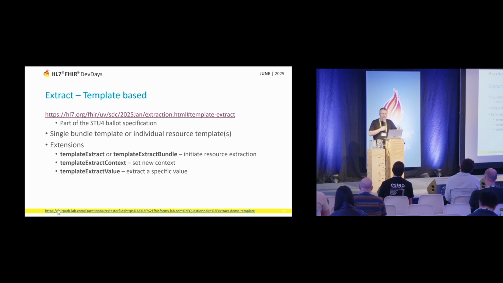So if you've got 4 different resource types, you just have 4 different templates, and away you go. Extract context: if you need to switch between stepping down through a tree structure, so if I've got one group for the patient demographics and another group for the related persons, the extract context can allow you to step into the appropriate part of the questionnaire, and extract value puts the actual value in.